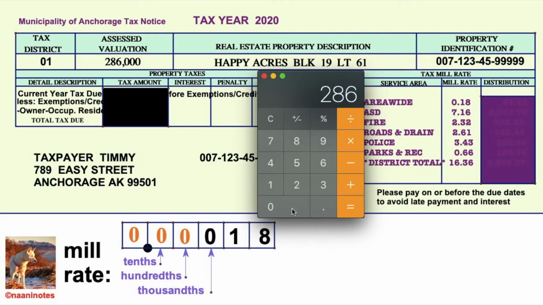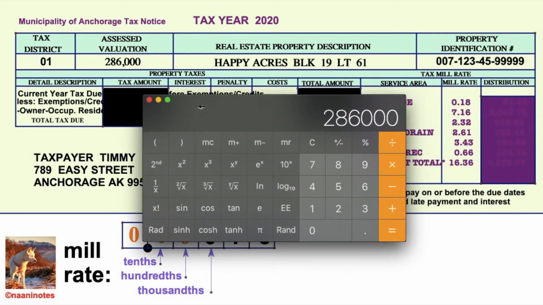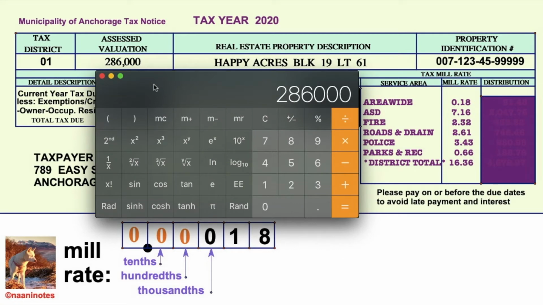So let's put that number in there. 286,000. Come to think of it, I want the bigger functioning calculator because I want this. Let's use the memory. Memory clear to make sure there's nothing in it. And now we're going to hit the M plus. Now that means I've stored the number 286,000 into the memory. Easy enough.